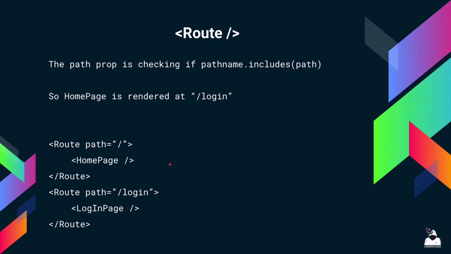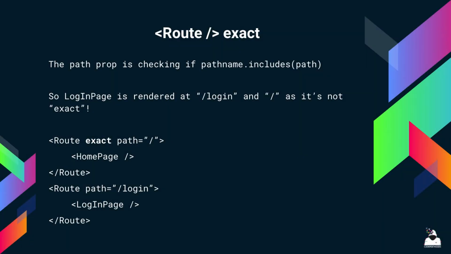You can see that. So there are different ways. Obviously React Router thought about this, so they give you different tools. One of them is you can pass a prop to your route called exact, and you are basically matching just the exact path in here.